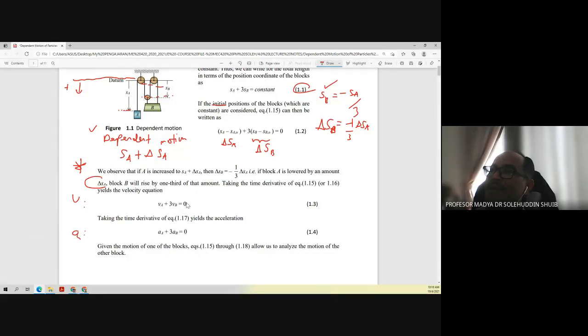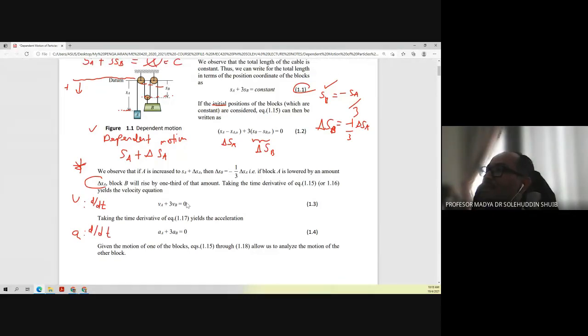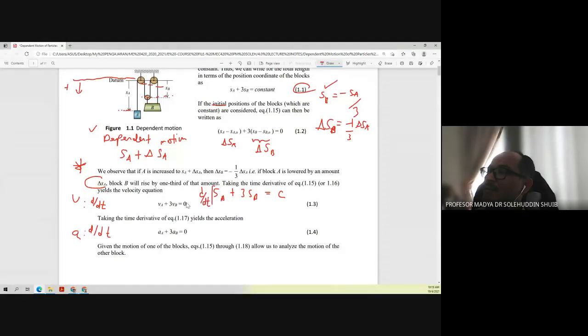So we differentiate with respect to time SA plus 3SB equal to a constant. Differentiating all of this, when you differentiate S, you get VA.